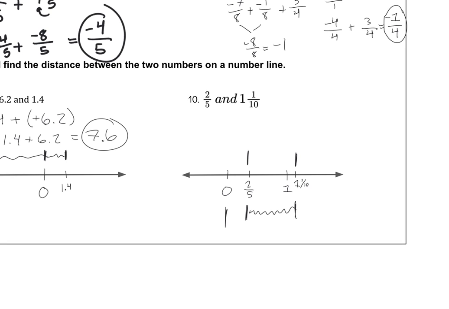So my biggest number right now is 1 1/10. We're going to subtract my other number, which is 2/5. 1 1/10: if we multiply 10 times 1, we get 10, plus 1 is 11. So I have 11/10 minus 2/5. 2/5 we could change into 4/10 to make common denominators. 11 minus 4 is 7. And we get a distance in between these two numbers of positive 7/10.